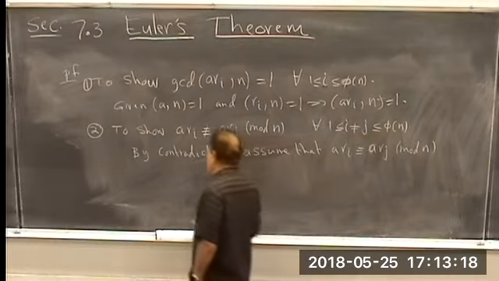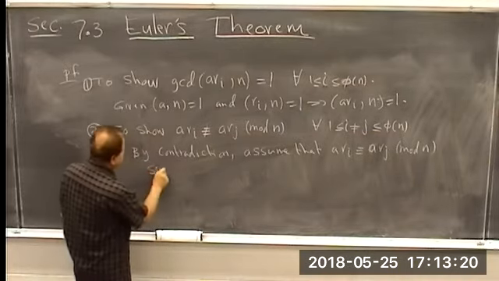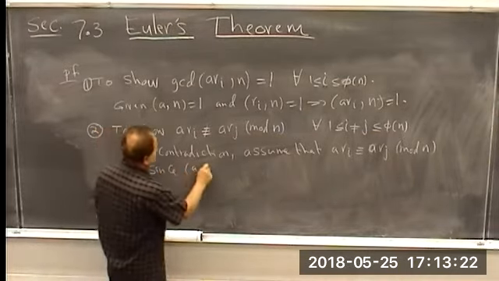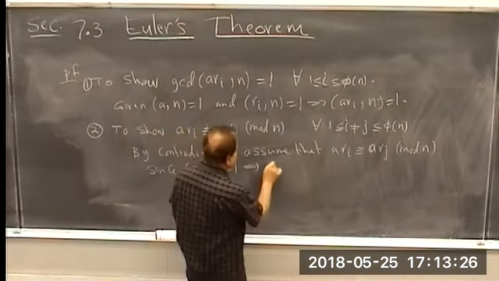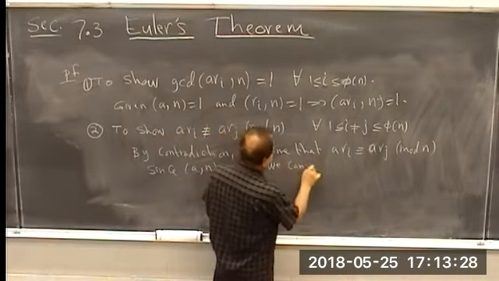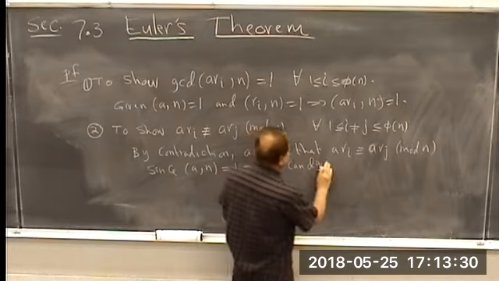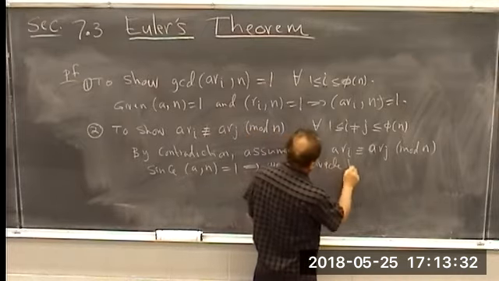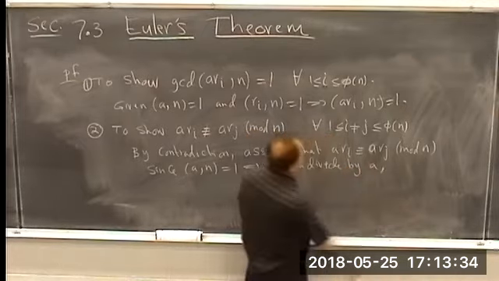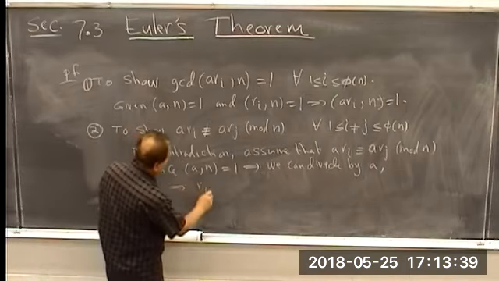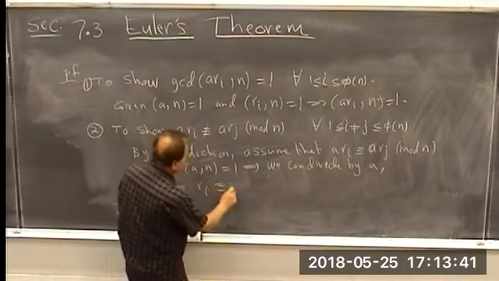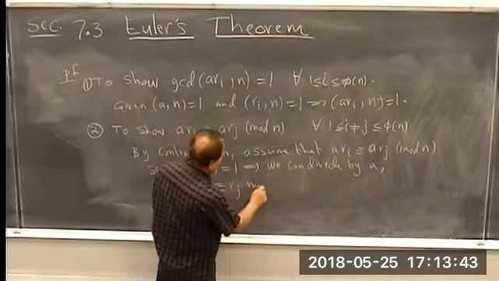Now, since a is relatively prime to n, we can divide both sides of the congruence by a, and this implies that Ri is congruent to Rj mod n.